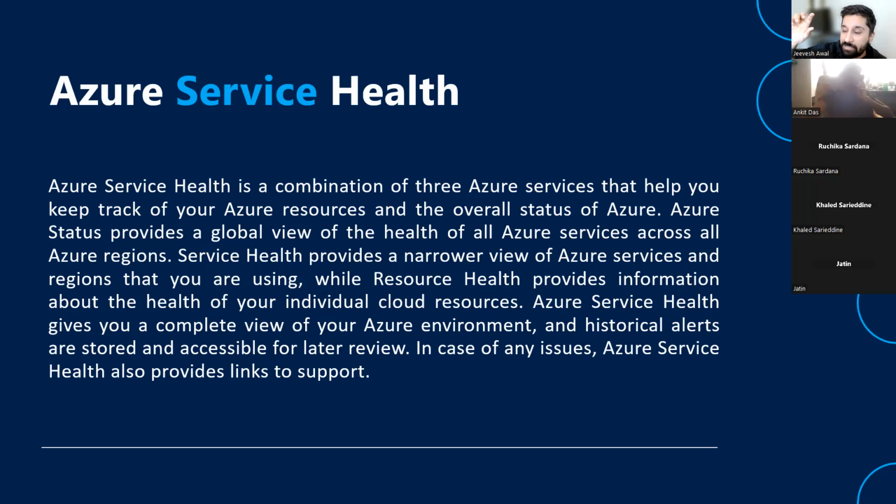Let's say if your file service is experiencing issues in the US East region or in the US West region, it can notify you about that. So it's going to create notifications. You can just go to this one service and it's going to tell you what is the status. Okay, so it provides a global view of the health of all Azure services across all Azure regions.